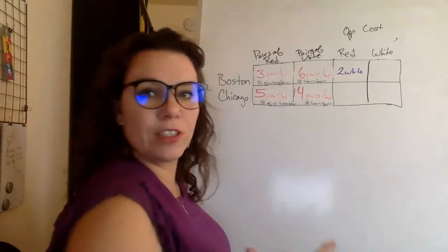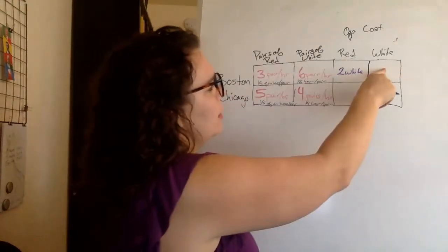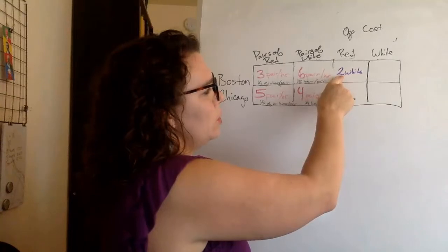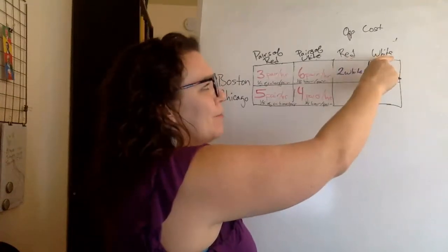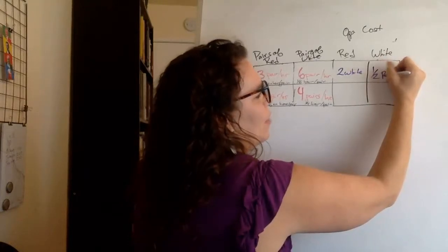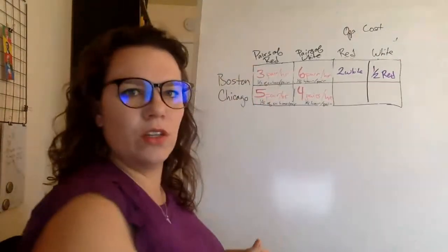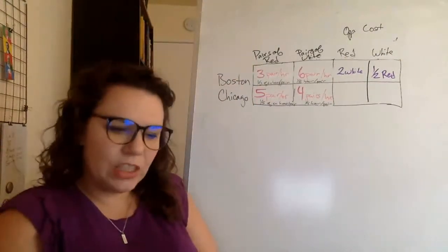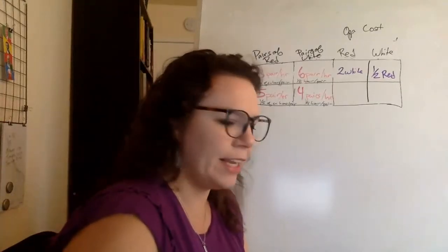And the inverse is going to be true for White Sox. If the opportunity cost of Red Sox is 2 White Sox, the opportunity cost of White Sox is 1/2 a pair of Red Sox.